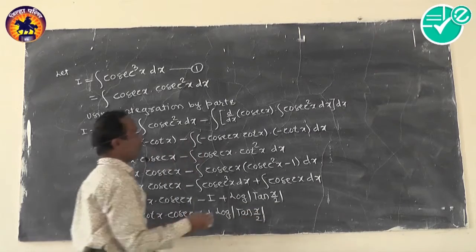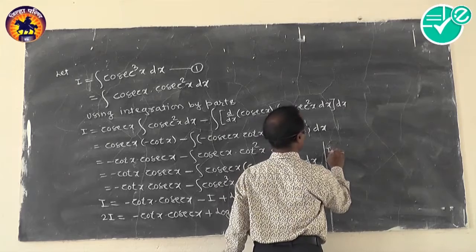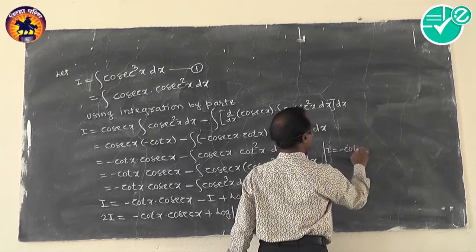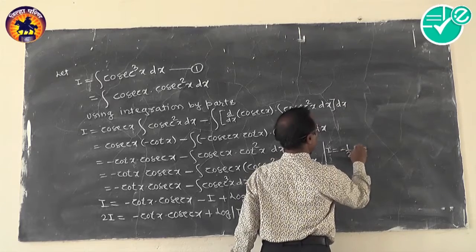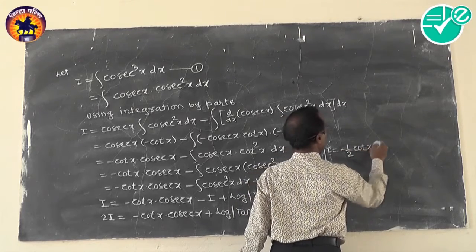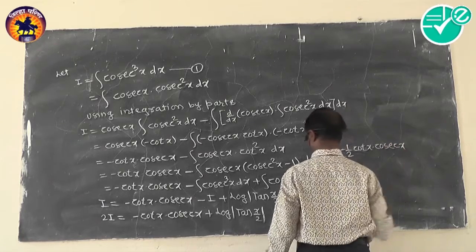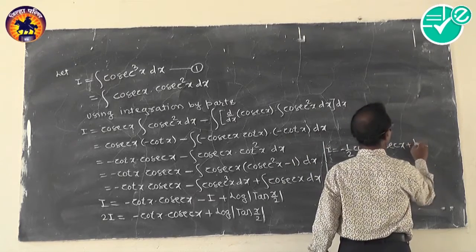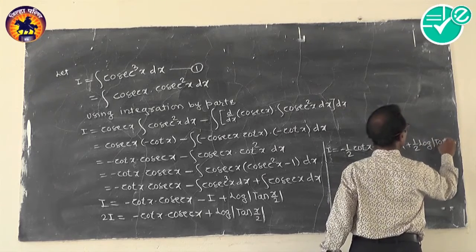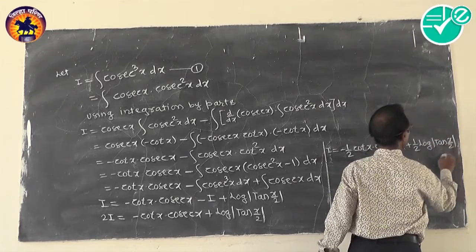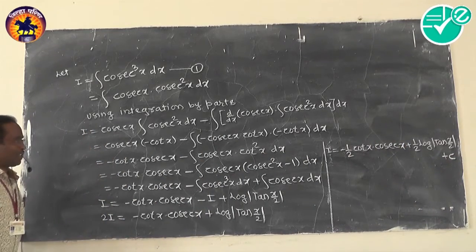Now dividing by 2, we get I is equal to minus 1 by 2 into cot x into cosec x plus 1 by 2 into log of tan x by 2 plus c. So this is the required answer.